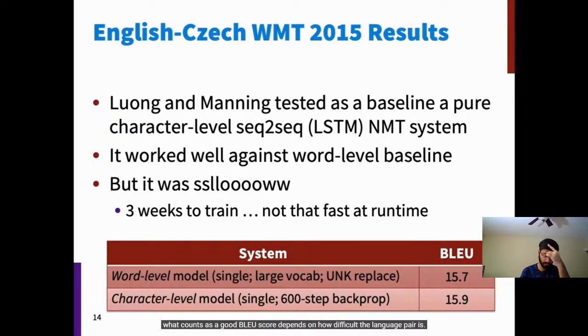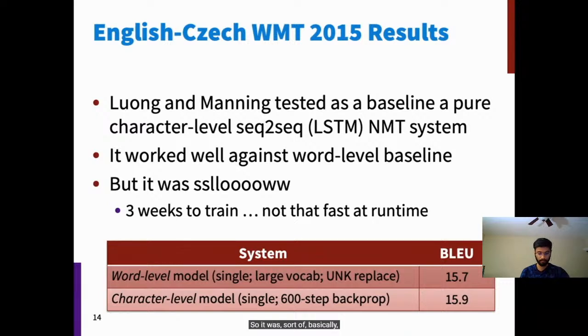But what counts as a good BLEU score depends on how difficult the language pair is, and you're not doing Czech. This was the kind of neural MT model that we've talked about: a seq2seq model with attention, and then it had extra stuff for substituting UNKs with either a single word translation or by copying stuff from the source.